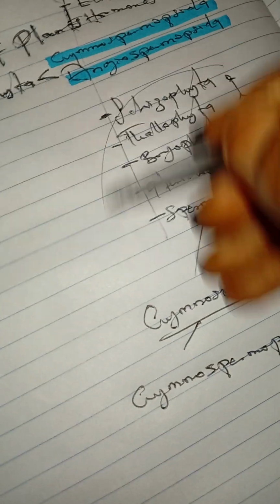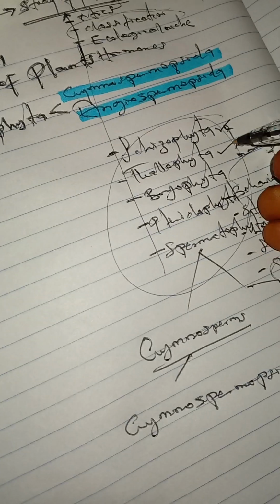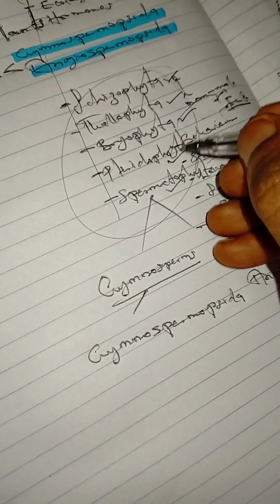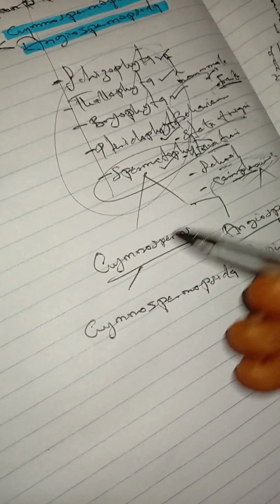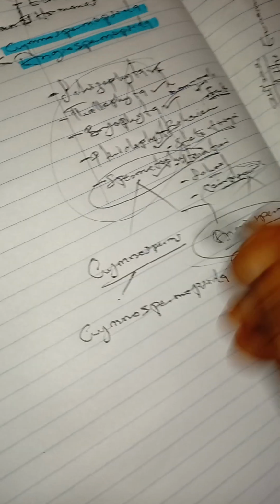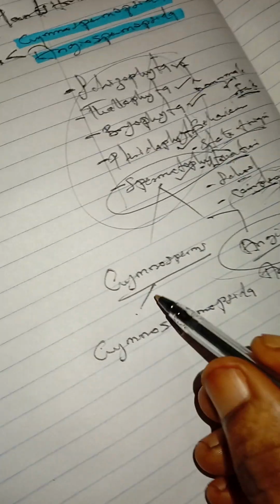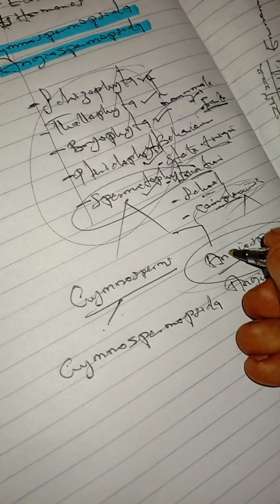So these are the major groups of the classification of plants. You study plants as schizophyta, thallophyta, bryophyta, pteridophyta, and the seed plants. And we know that the seed plants are the most advanced, which are divided into gymnosperms and angiosperms. Although it is divided into this and this, the angiosperms are the most advanced of all.